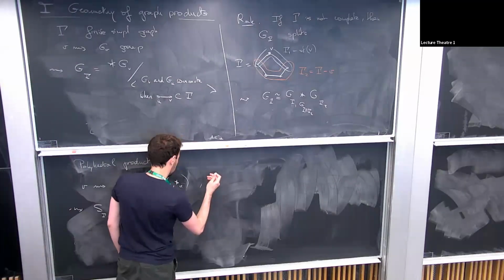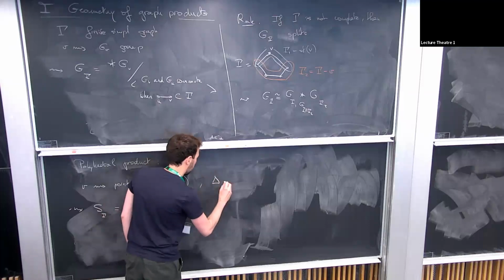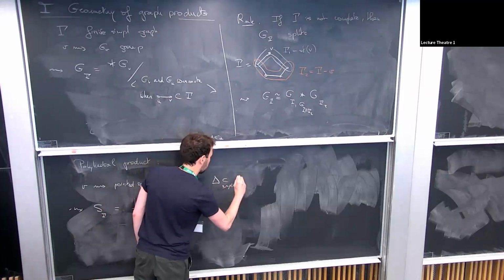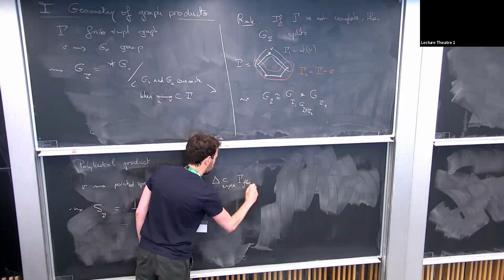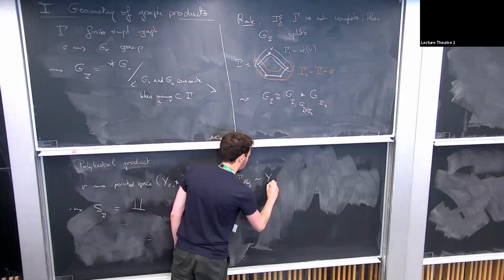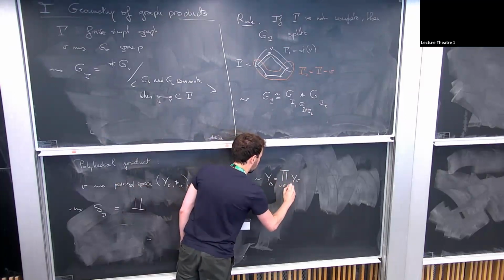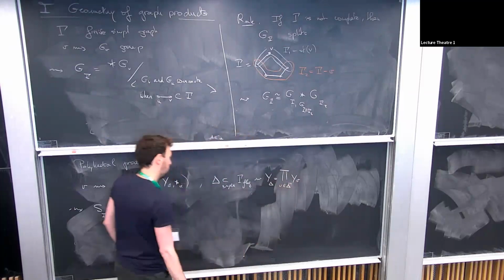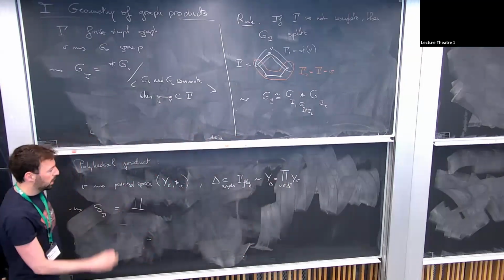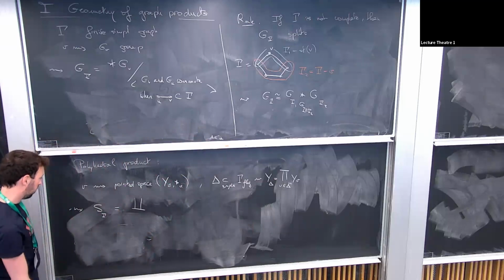For every simplex delta inside the flag completion of gamma, we're going to associate Y_delta, which is just the product of all the Y_V, when V is a vertex of delta, including the empty simplex, in which case I have an empty product, so it's just a point, a base point.